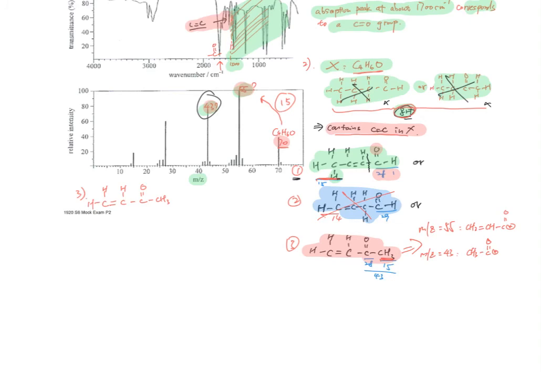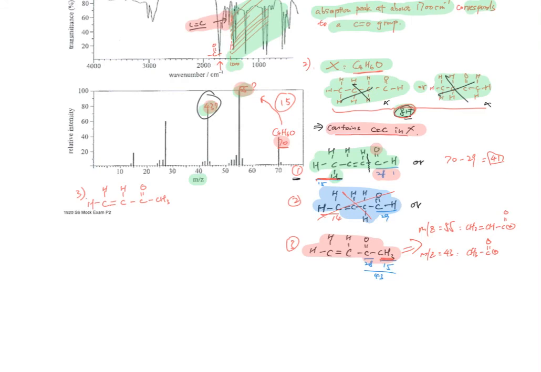If 29, then 70 minus 29 is 41. But we can't find any 29 or 41 in the mass spectrum.